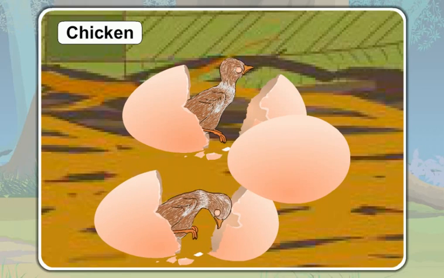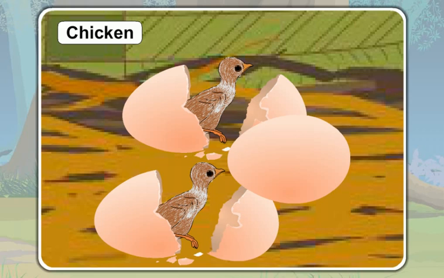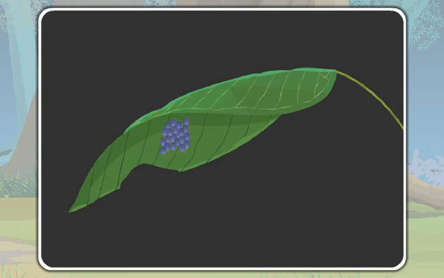The newly born chicken looks like the hen. Now have a look at the lower part of this leaf. You see some small objects. These are the eggs of a butterfly.